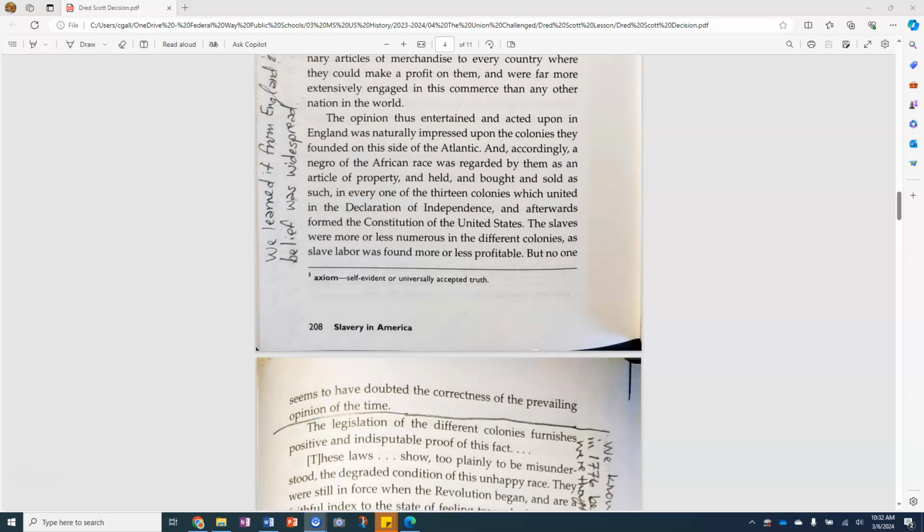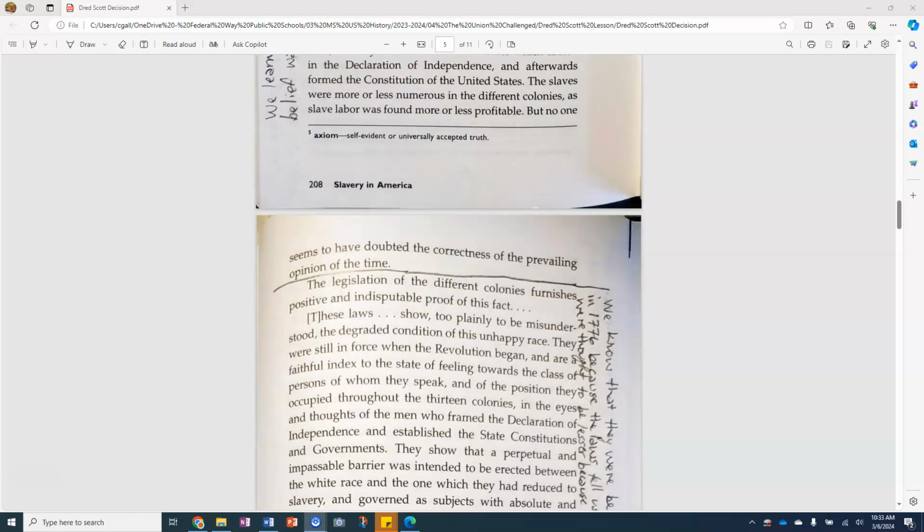But in the northern states, you start to see those emancipation movements. And indeed, as we go across time, more and more states are emancipating their slaves. So, but really he's saying, everybody believed it. Nobody doubted it. And nobody thought that it was wrong.